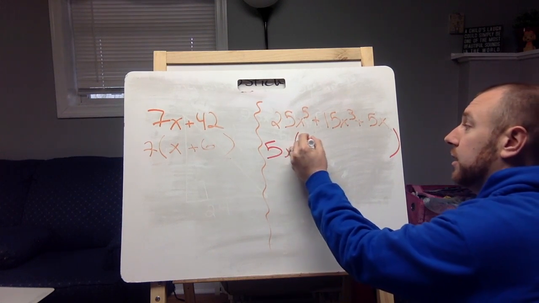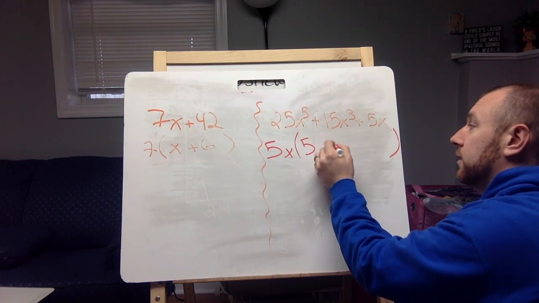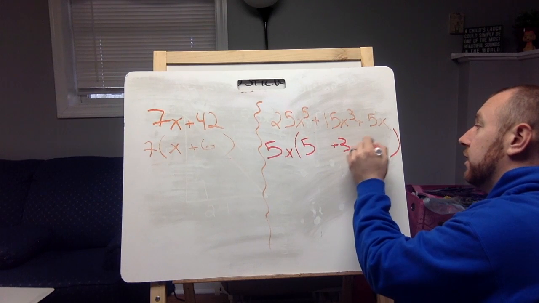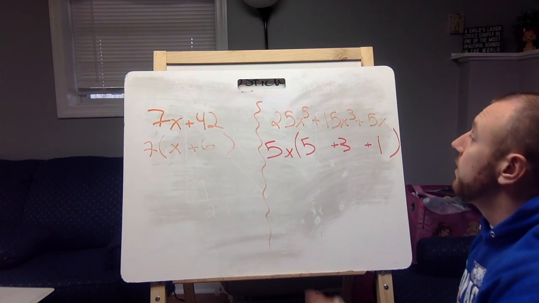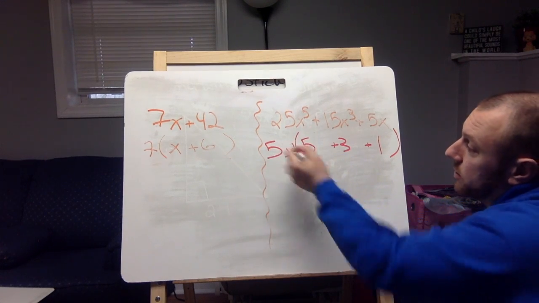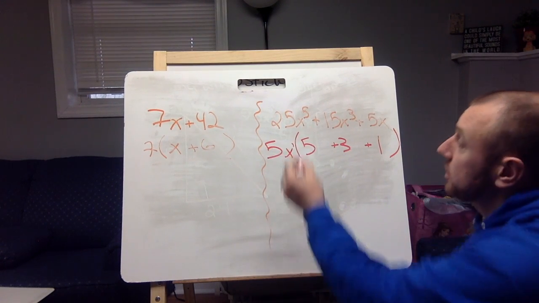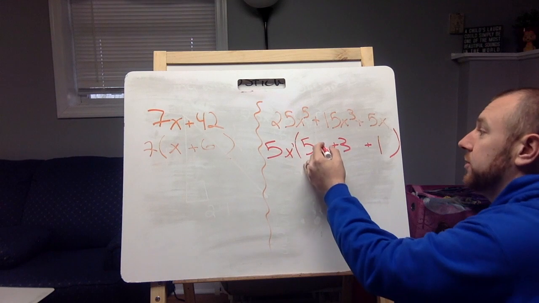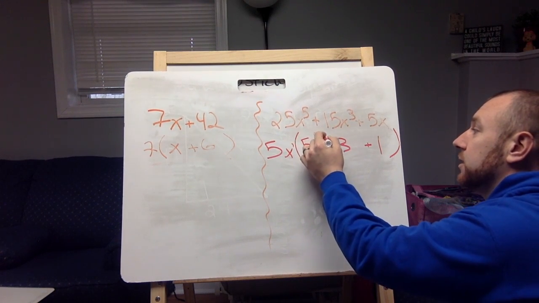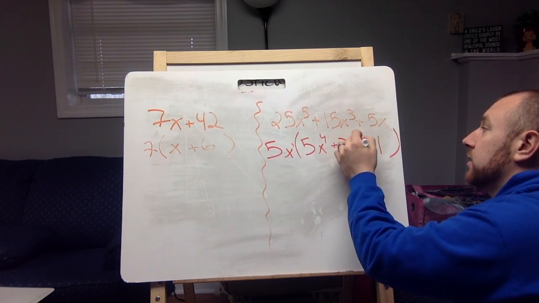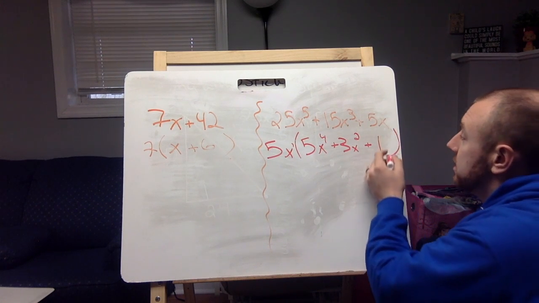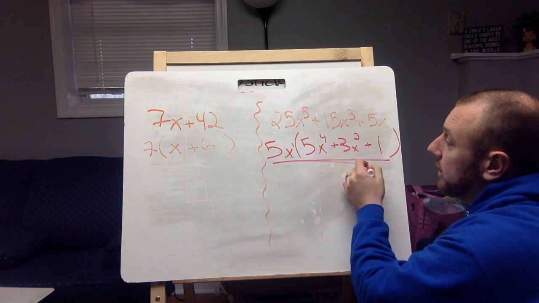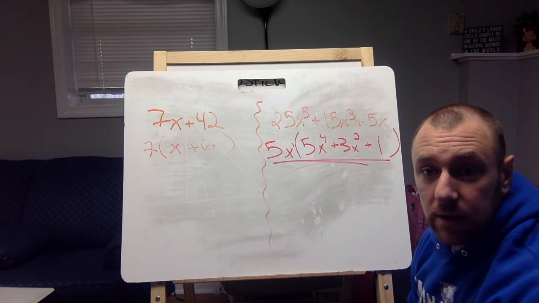So I'm left with 5 here, 3 here, and then 1 here. Remember, 5 divided by 5 is 1. And then because this was x to the first, I'm just going to subtract 1 from each one of those exponents. So this would be x to the fourth, x squared, and then I took this one out. So this is the complete version, and that is my answer for factoring the GCF.